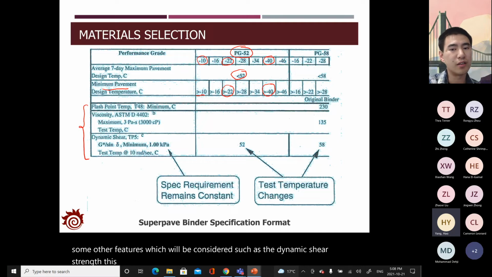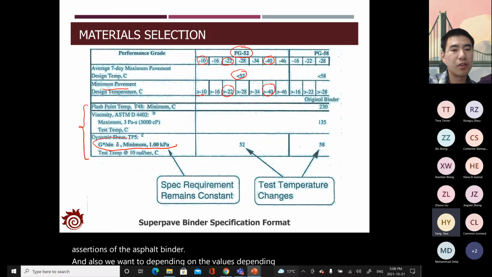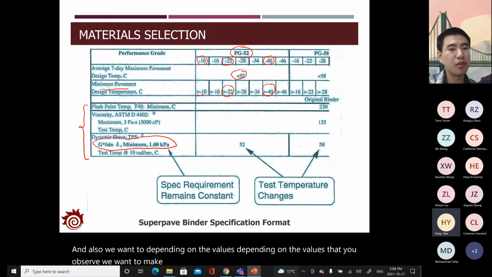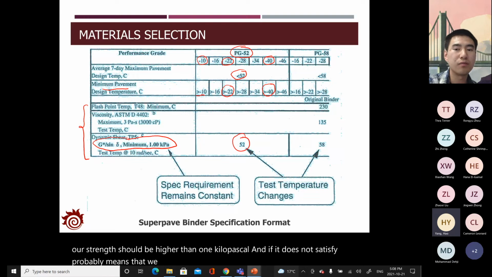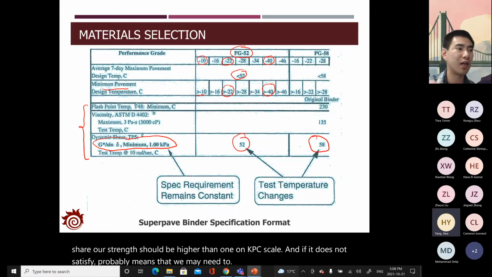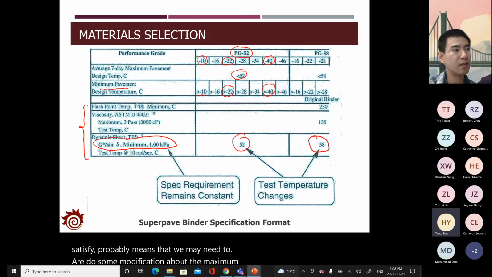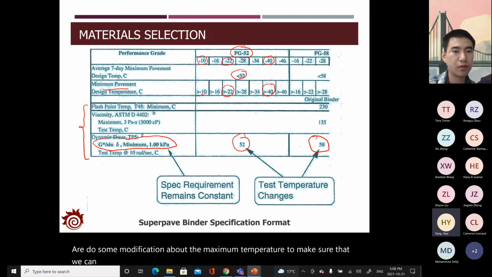This is very important for understanding the shear strength of the asphalt binder. We want to make sure that the minimum dynamic shear strength is higher than 1 kilopascal. If it does not satisfy, we may need to modify the maximum temperature to satisfy those conditions.